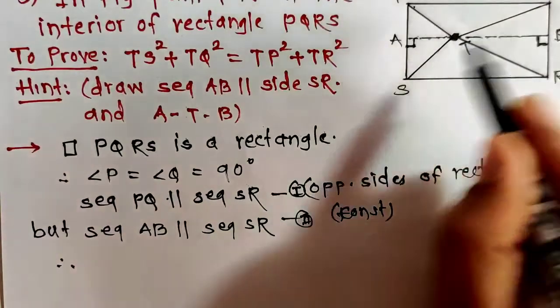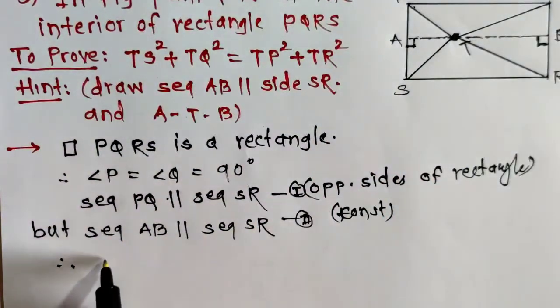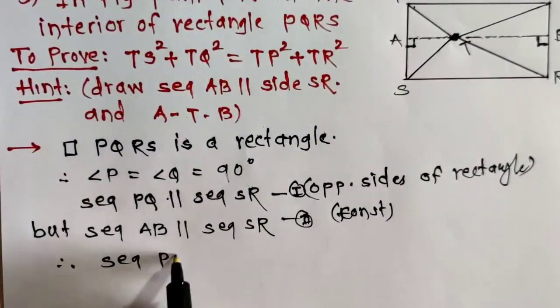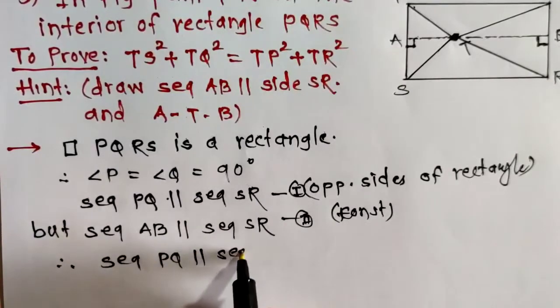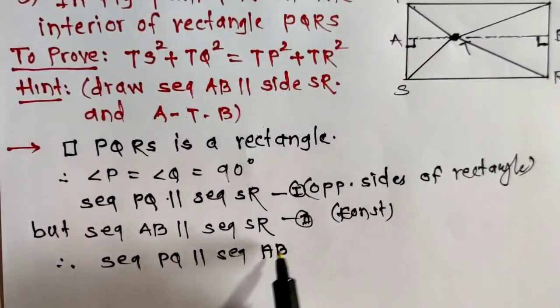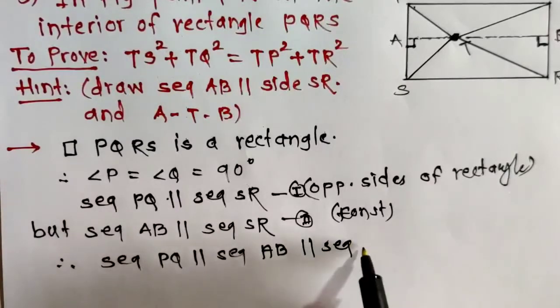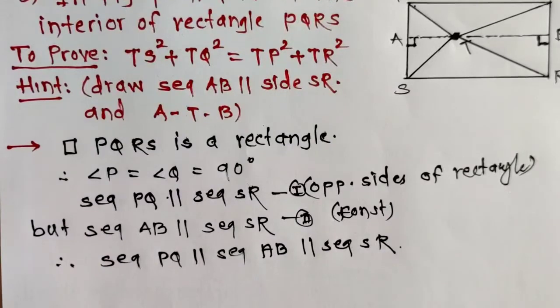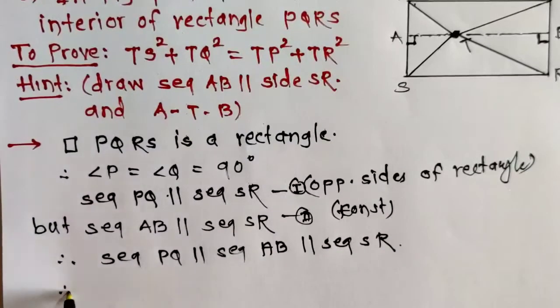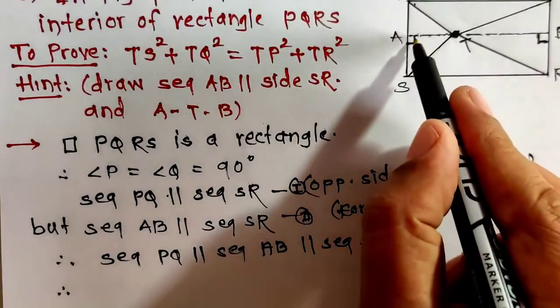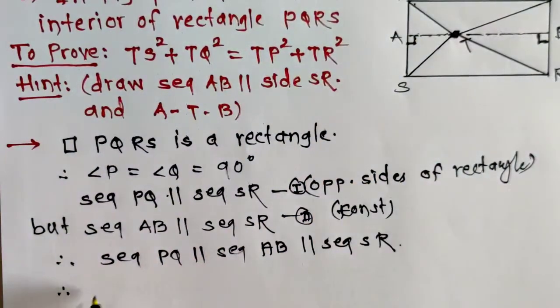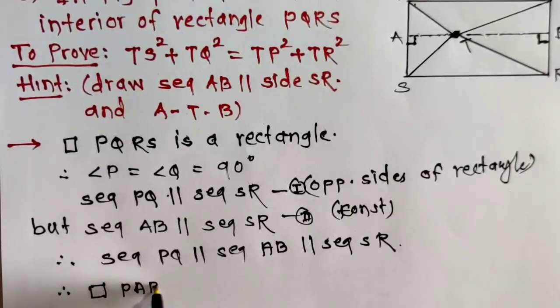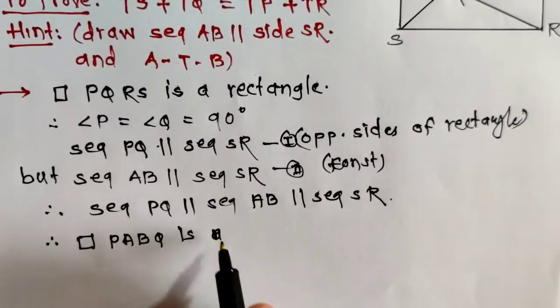This PQ parallel AB parallel SR. Therefore segment PQ parallel segment AB parallel segment SR, and therefore we get this angle is 90 degree, this angle is 90 degree. Quadrilateral PABQ is a rectangle.